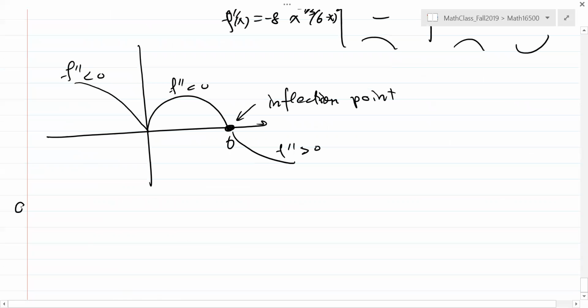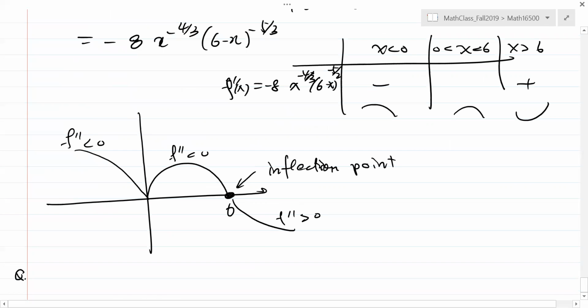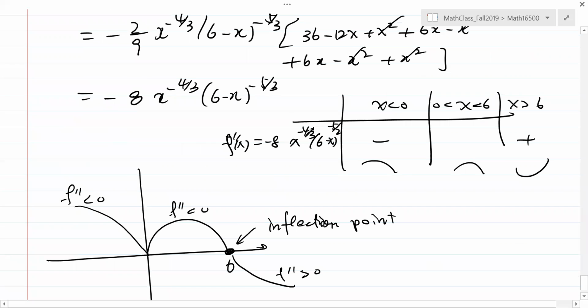The last one? This one? No, this is x greater than 6. The second derivative is positive. The first one is negative. That's concave down, concave down.